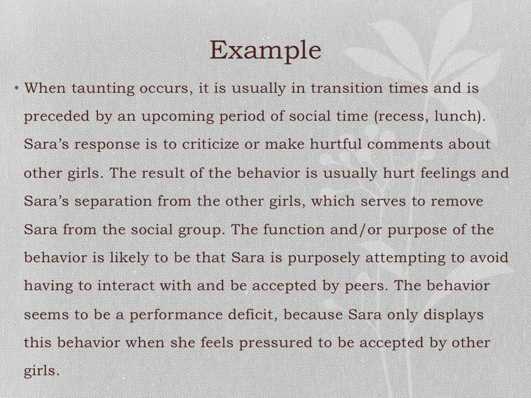The function and or purpose of the behavior is likely to be that Sarah is purposely attempting to avoid having to interact with and be accepted by peers. The behavior seems to be a performance deficit because Sarah doesn't only display this behavior when she feels pressured to be accepted by other girls.